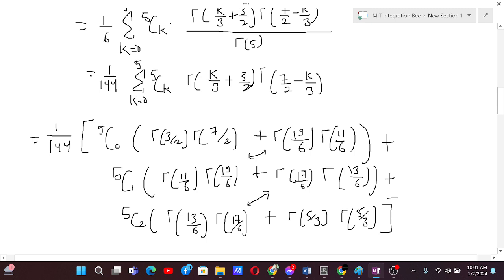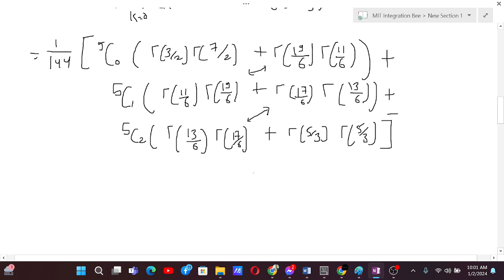Now we need to find these values. One thing to note is 3 plus 7 is 10, divided by 2 is 5, which is an integer. If the sum is an integer, we can reduce this to lower terms and then use the formula gamma n times gamma 1 minus n equals pi by sine n pi.